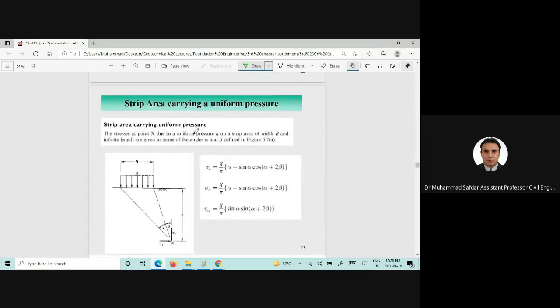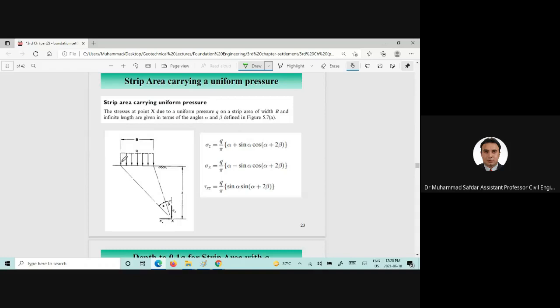Now, if we are given a strip footing, the line starting from the left corner to this particular point x, and the line starting from the right corner here, will make an angle alpha, and that alpha is used in this equation to find delta sigma.